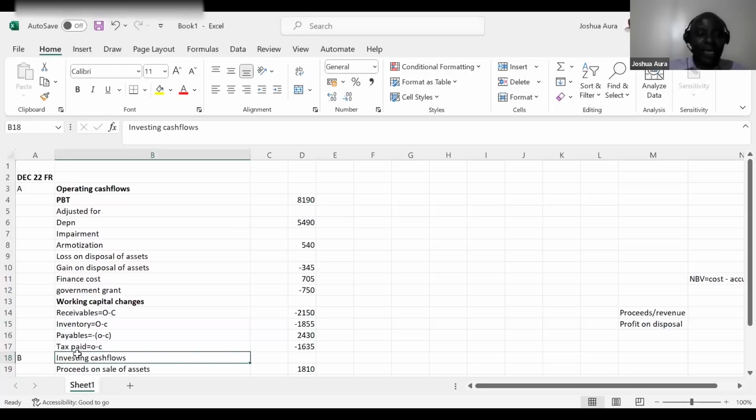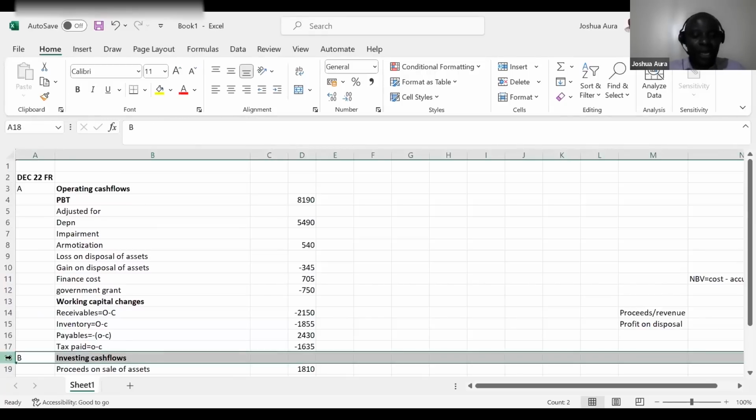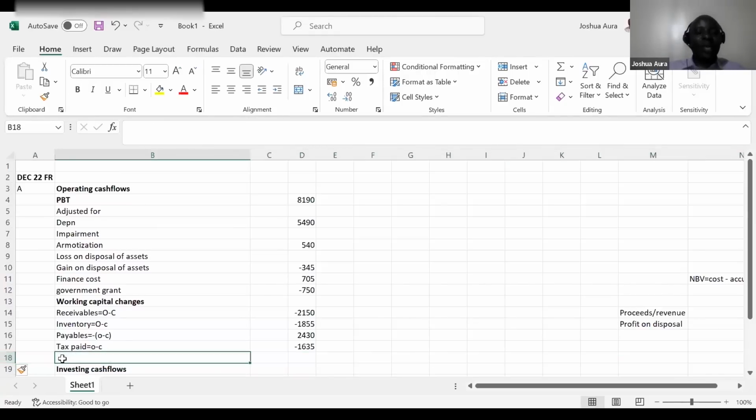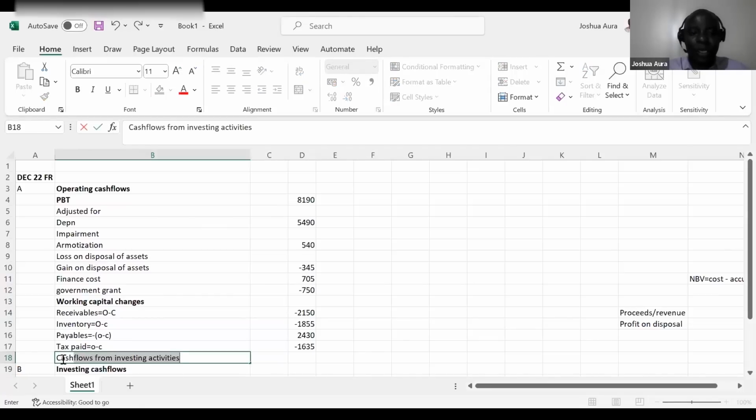For these investing activities, I'll press control bold, and then add a new row here with control shift plus. Then I'll say cash flow from operating activities.